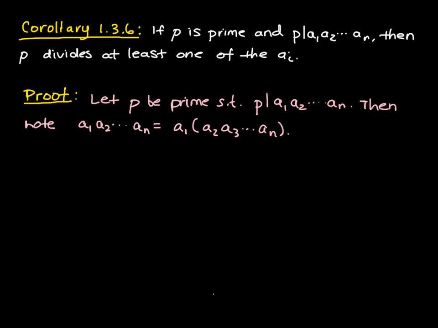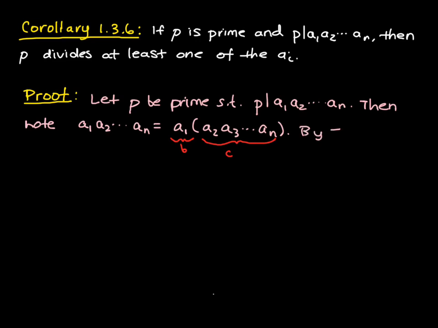And so by the previous theorem, we know that if P is prime and P divides a product of two numbers, then it divides one of them. So if we're thinking in terms of the last theorem, this would be our B and this would be our C. And so we have that P divides B times C, and so it has to divide one of them.